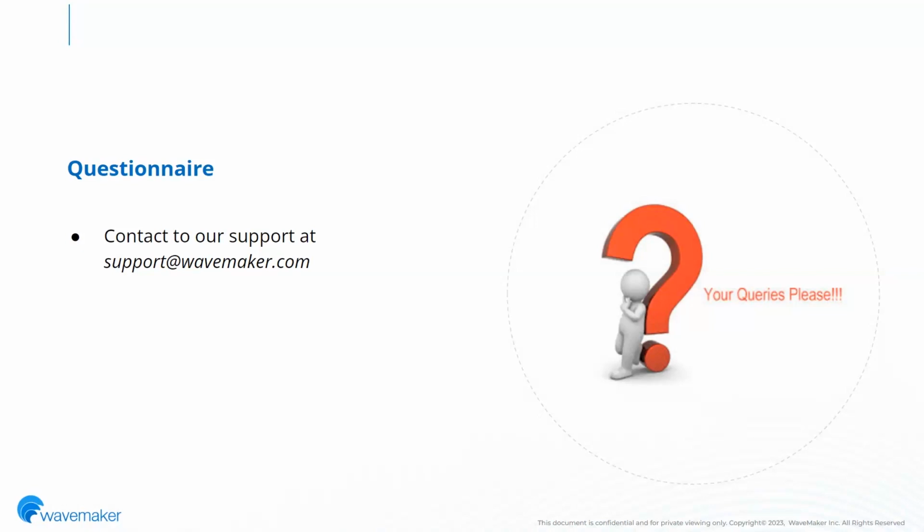Right. Great. And I think the final question is more around licensing, and I'd like to take this one. The question was how does the licensing work for newly added features in WaveMaker, such as Mockingbird.